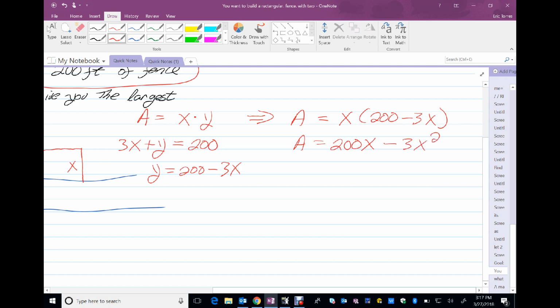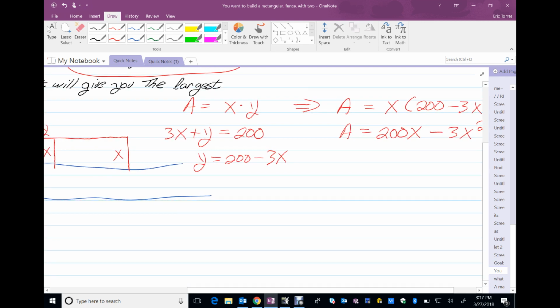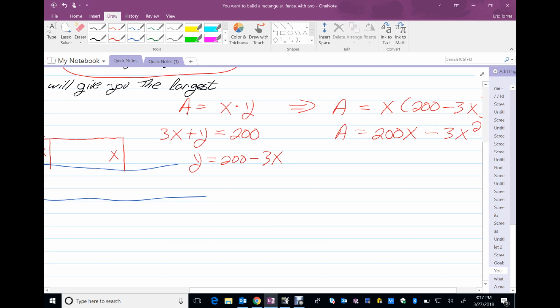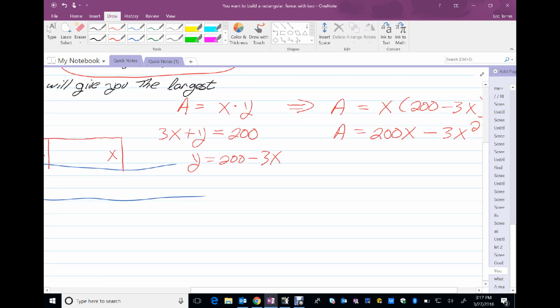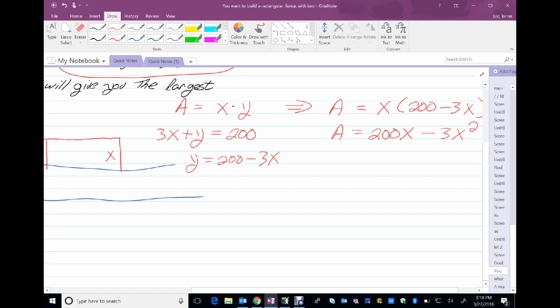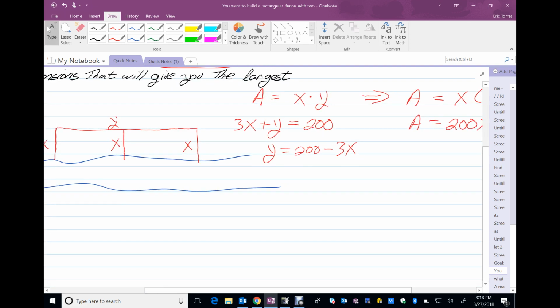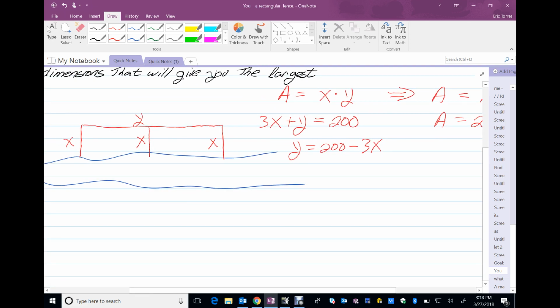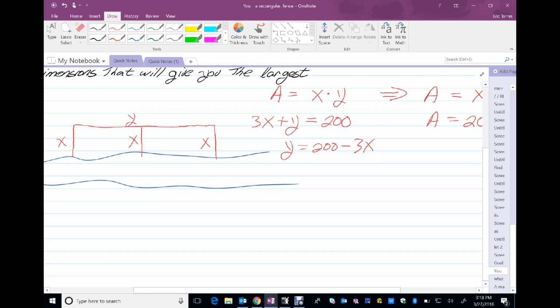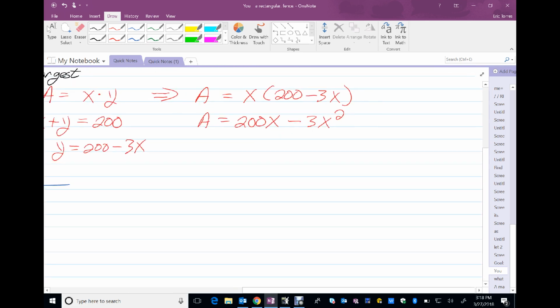And now I'm going to talk about the domain. Okay, domain. That's how much fence is available for use on x. So first of all, we're going to use 3 pieces of x. So the smallest amount is clearly 0.